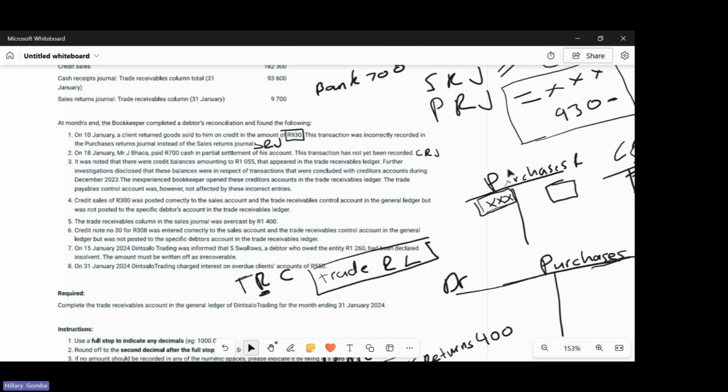Just as you can see from this one, it says the trade payables control account was, however, not affected by these entries. At the same time they're talking about individual accounts, and at the end they say the trade payables control account was not affected. It's the same with receivables control. They won't really mix a trade receivables ledger and a control account in the same question. Do you understand?